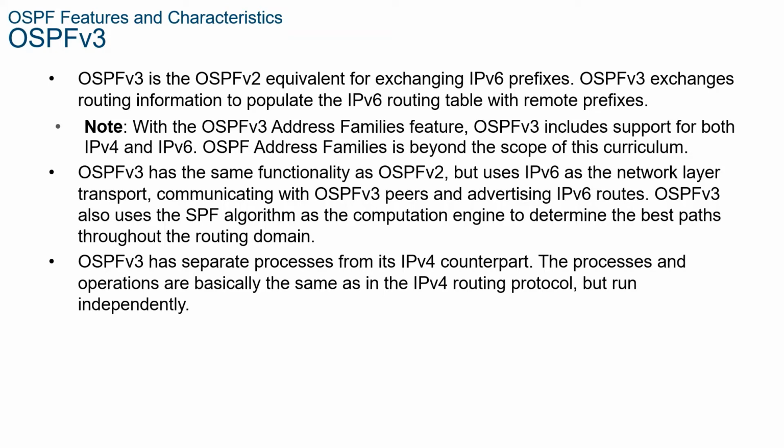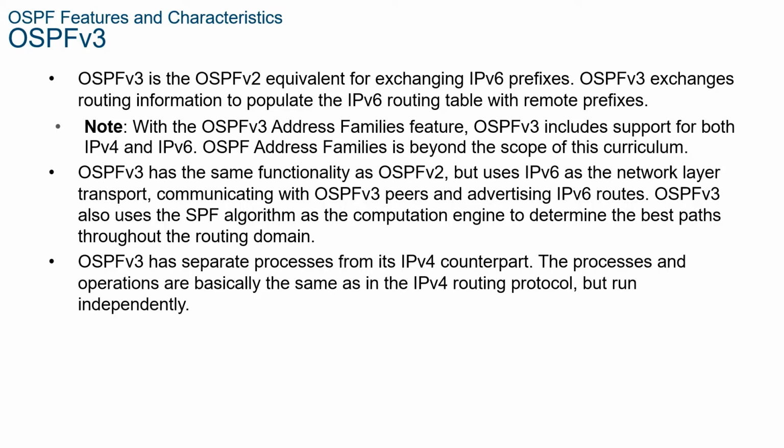OSPF version 2 runs over the IPv4 network layer, communicating with other OSPF IPv4 peers and advertising only IPv4 routes. Now, OSPF version 3 has the same functionality as OSPF version 2, but uses IPv6 as the network layer transport, communicating with OSPF version 3 peers and advertising IPv6 routes.